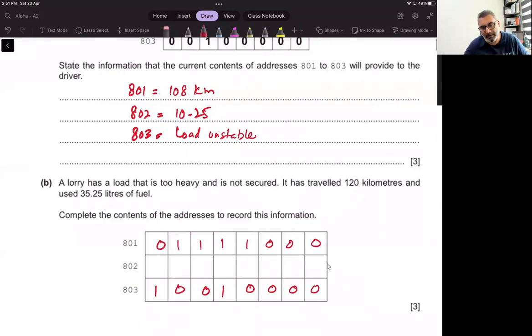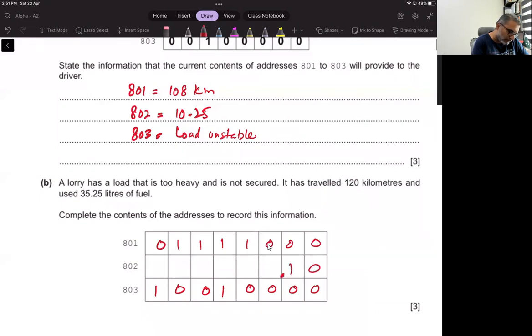We know that if we add the first 7 bits, it will become 127. So we put 0, 0, 0 in bits 0, 1, and 2. So that is 7. So 127 minus 7, it has become 120. And then it says 35.25.